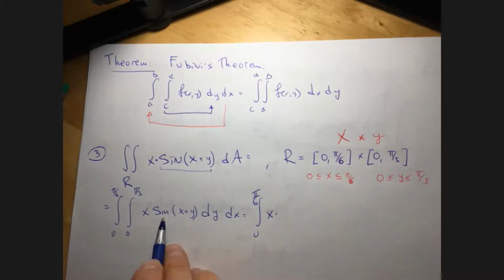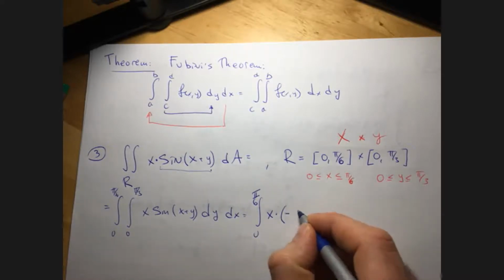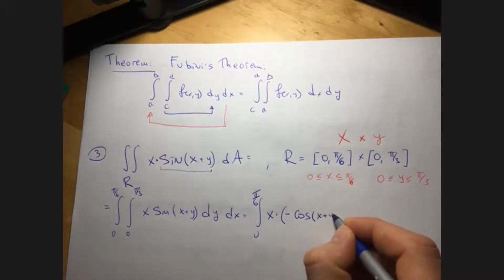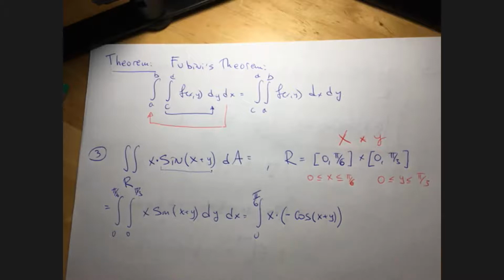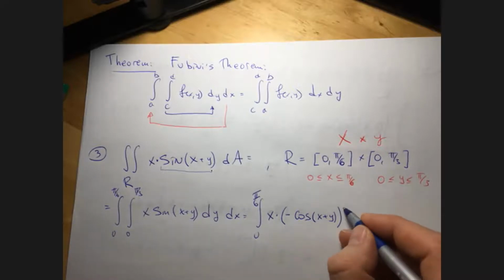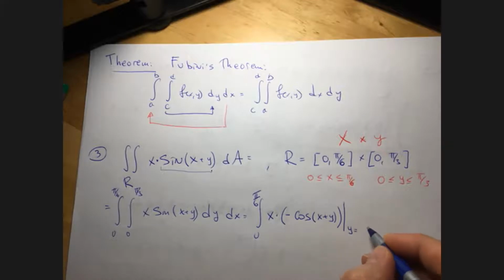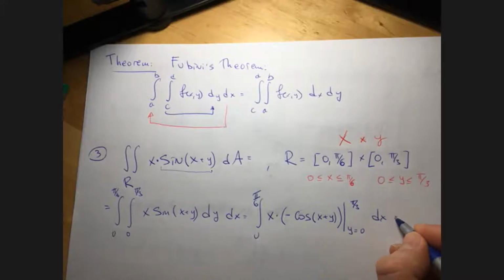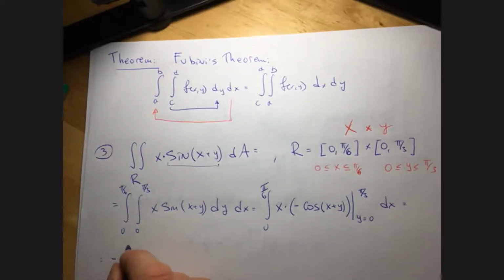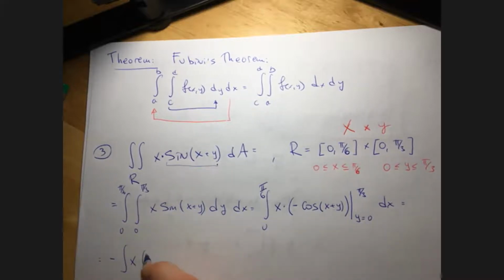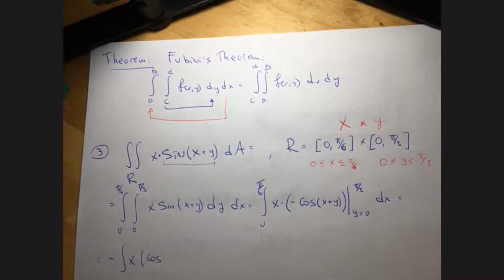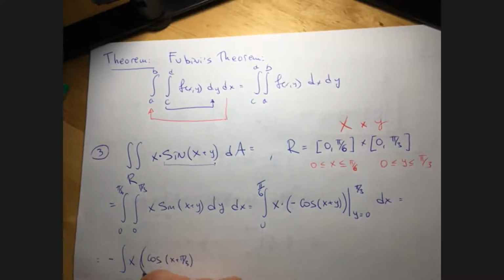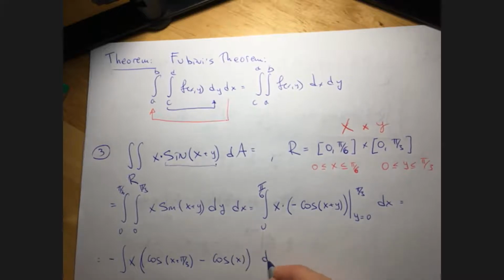X times the integral of sine is negative cosine of x plus y, evaluated when y goes from 0 to pi over 3, dx. That's equal to negative x times cosine of x plus pi over 3 minus cosine of x, dx.